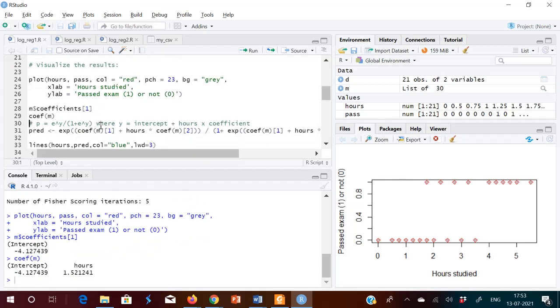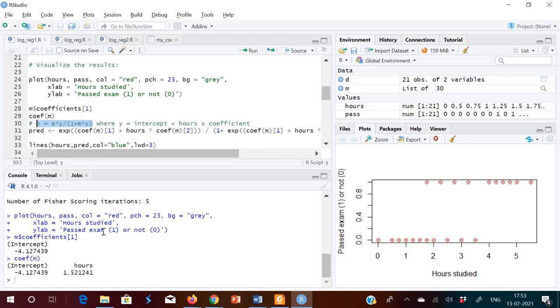Now what we are going to do is get the probabilities using this equation. Yesterday I told you about this, p equal to e raised to y divided by 1 plus e raised to y. So using that formula, you are going to get the probabilities. Here y equal to intercept plus hours into coefficient.